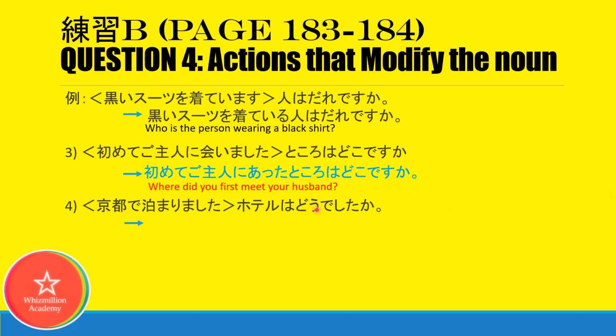Where did you first meet your husband? Question number 4. 京都で泊まりました。ホテルはどうでしたか? 京都で泊まったホテルはどうでしたか? How was the hotel you stayed at in Kyoto?